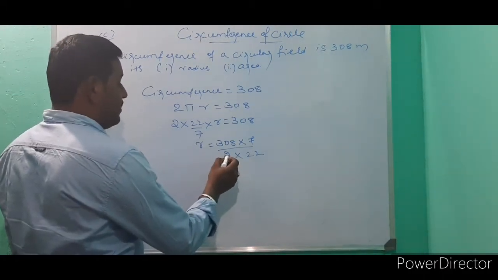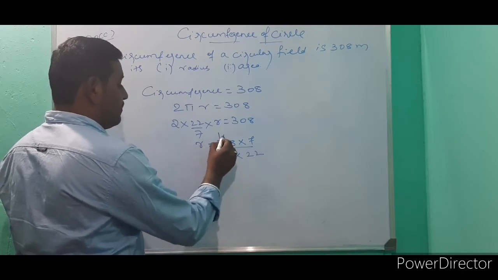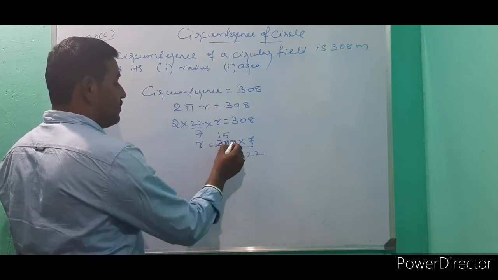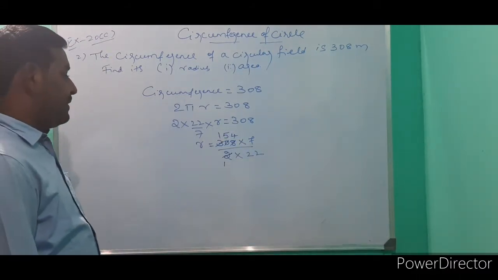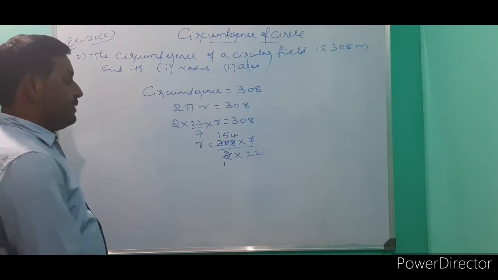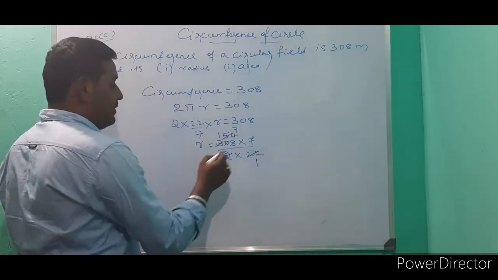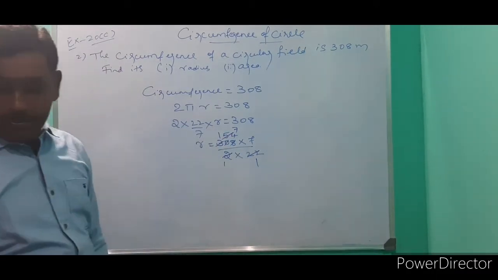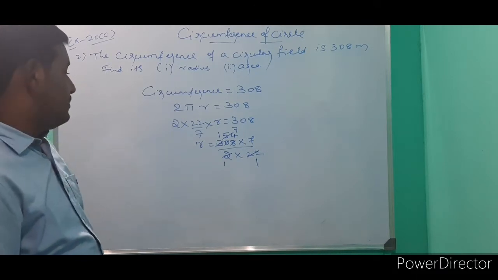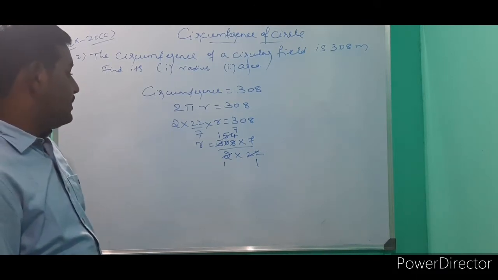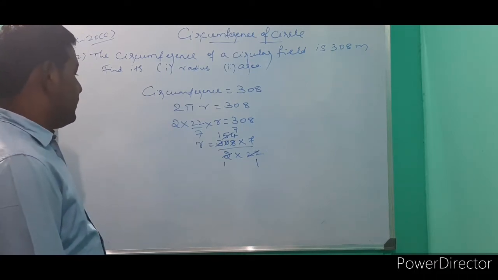If I cancel, 2 ones are 2, 2 fives are 10, 2 fours are 8, and 22 into 7 is 154, then 7 sevens are 49.